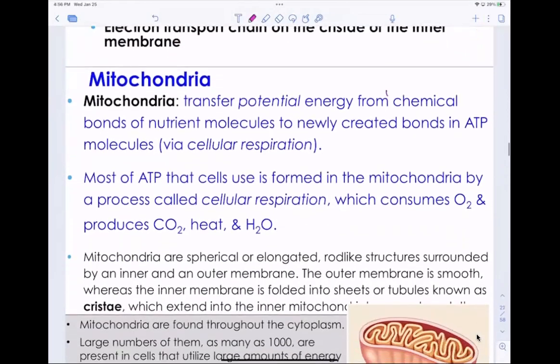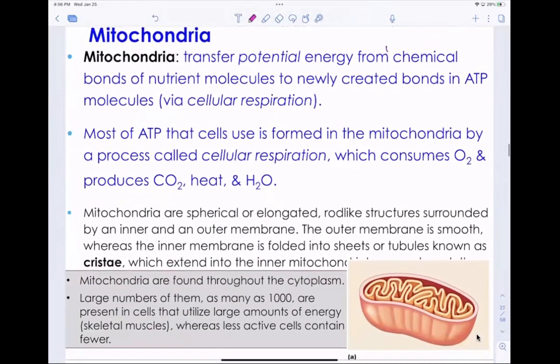The mitochondria is where oxygen is consumed. So you breathe in oxygen, you have this whole respiratory tract that gets oxygen into your blood, and your circulatory system sends that oxygen in your blood to all the cells in your body. And then your cells get this oxygen, and the oxygen is going to go to the mitochondria to accept the electrons at the end of the electron transport chain and bind with protons coming out of the intramembranous space, and it will form water.